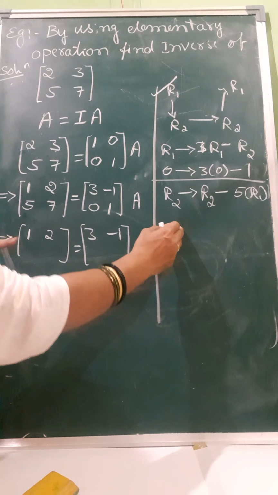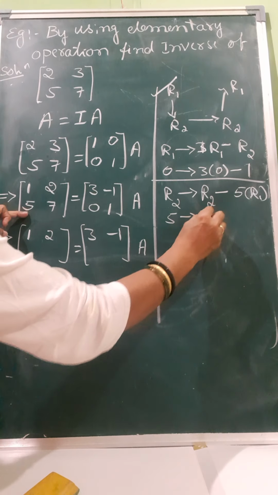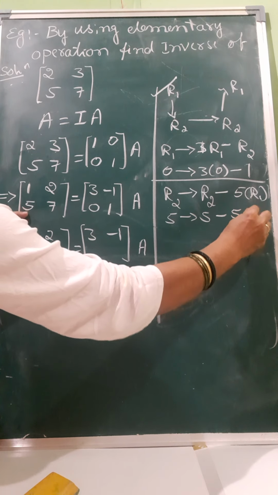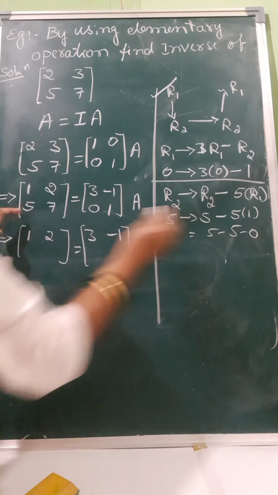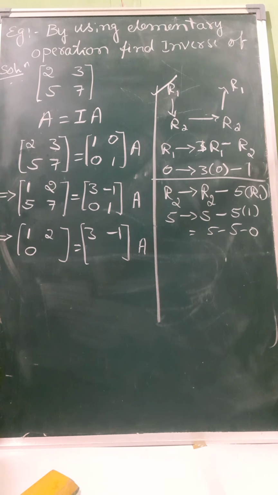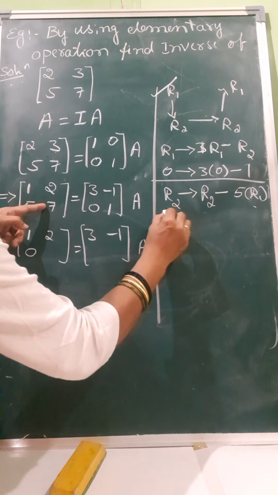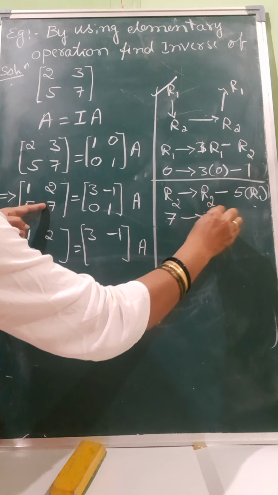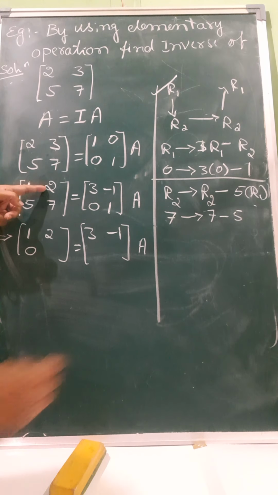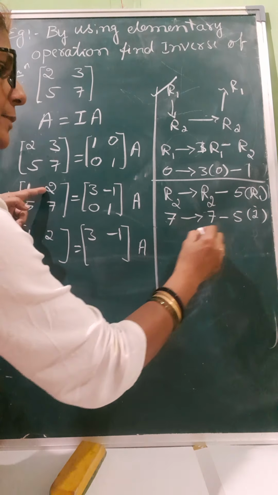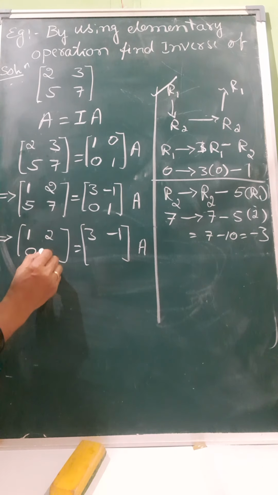So 5 changes to 5 minus 5 into 1, that is 0. Next we move towards the 7. 7 changes to 7 minus 5 into R1, here is the 2. It becomes 7 minus 10, that is equal to minus 3.